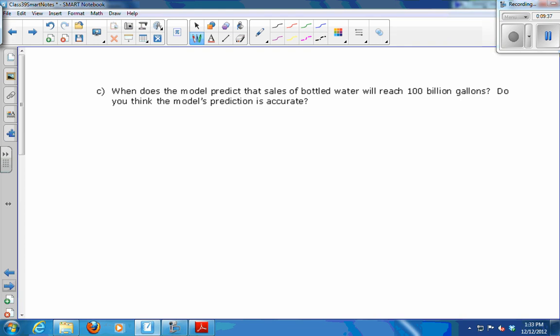Okay, so I want to know when the model predicts that sales will reach 100 billion gallons. So let's write the model down. It says that G is equal to 0.25 e to the 0.12 t. And they're asking when, right? So the variable I'm going to be solving for is time.